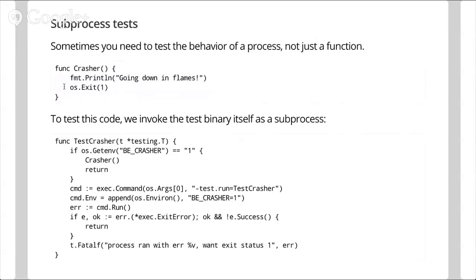And I want to make sure that this Crasher function actually does what it's advertised to do. But if I just wrote a normal test in the usual style that called Crasher, it would exit my process, but the running process is actually the test process. And so my tests would just crash as well. Obviously that's undesirable. It doesn't really help.